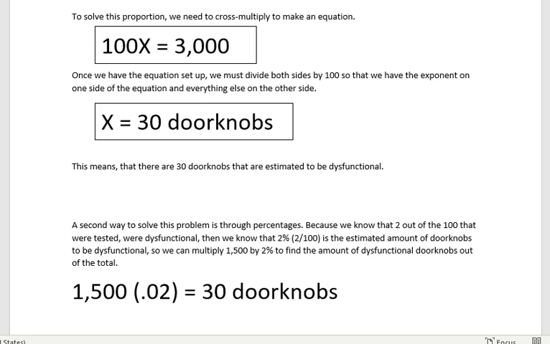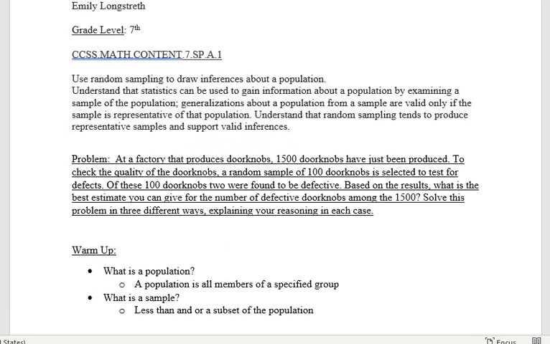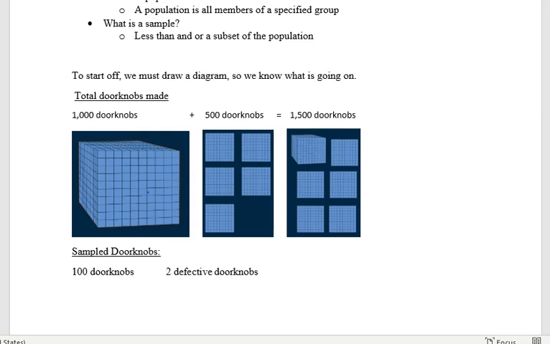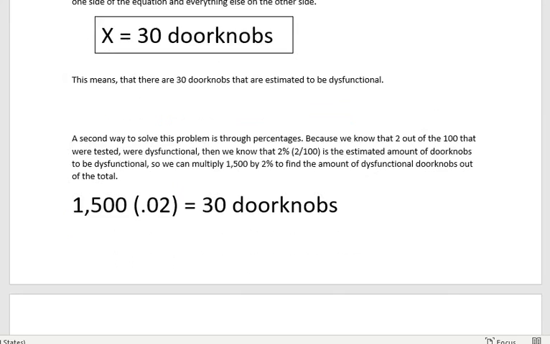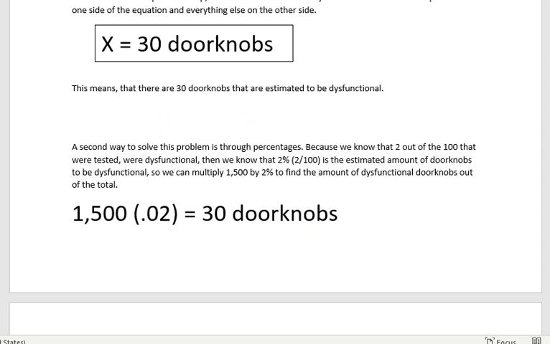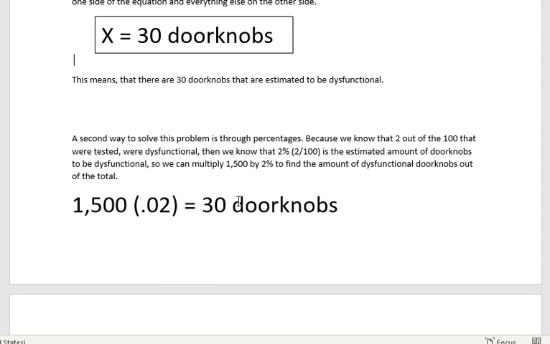Once again, we know that this is proportional and, like the Common Core State Standard says, we know it's a valid generalization and inference about the population because the sample is representative of the population. So we are spot on.